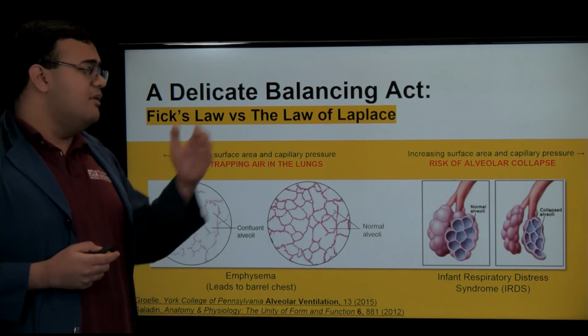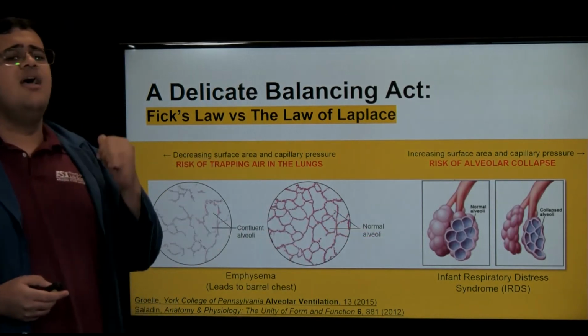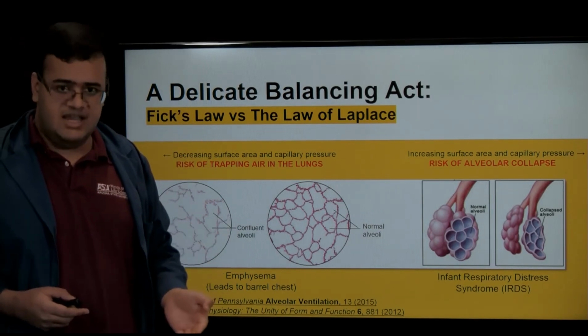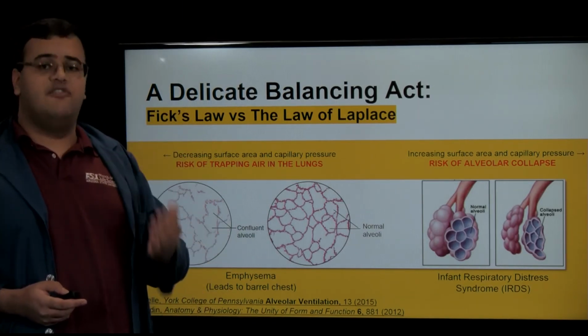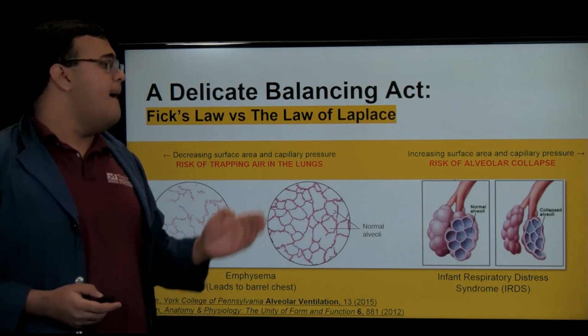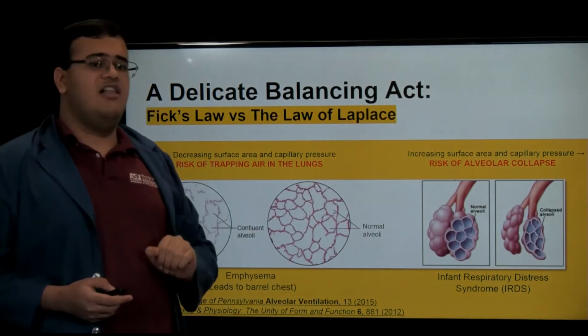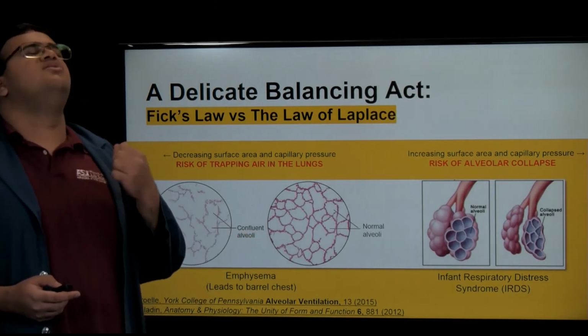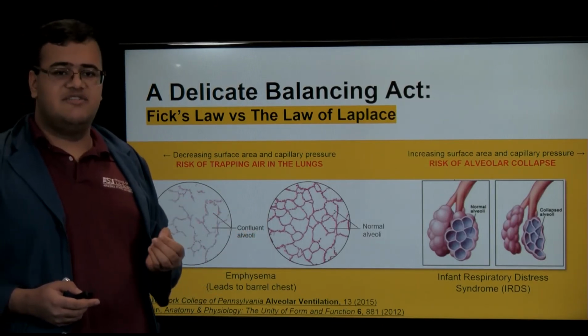But at the same time, if we make the alveoli smaller, yes, you can get fresh air in easier and you can get diffusion to occur at a faster rate, but you are at risk of alveolar collapse. Now, of course, in a normal person, you don't have to worry because of pulmonary surfactant.